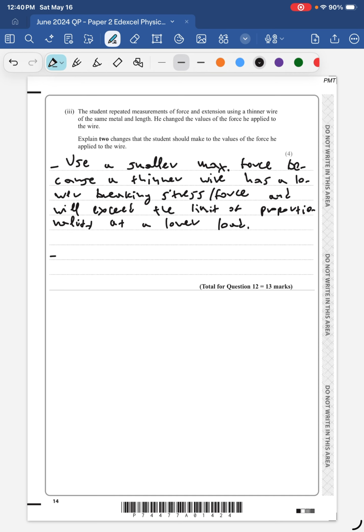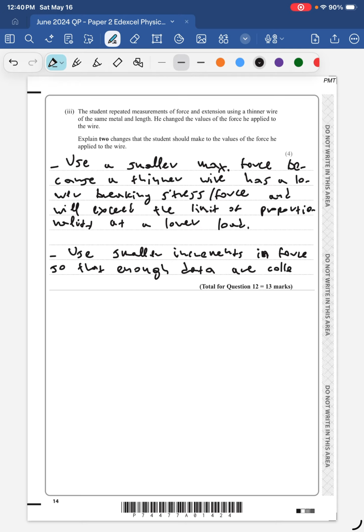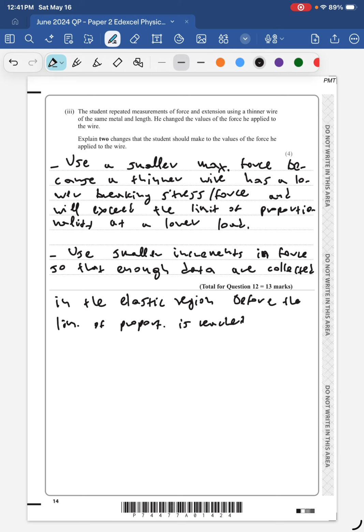The second point is that you should use smaller increments in force, so that enough data are collected in the elastic region before the limit of proportionality is reached. So these are the 2 things you should change with a thinner wire, because it breaks at a lower load. This was question 12.